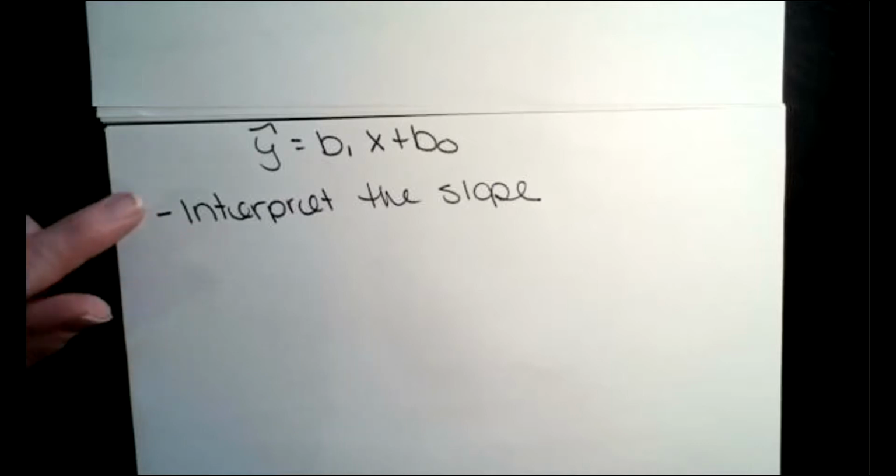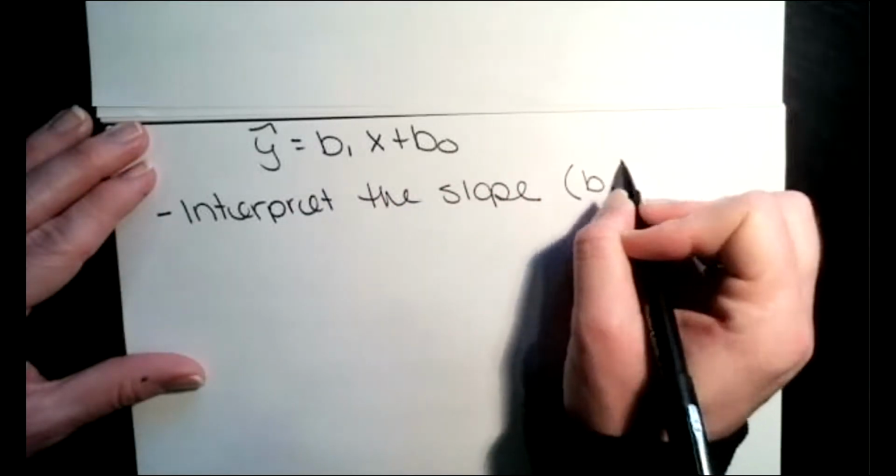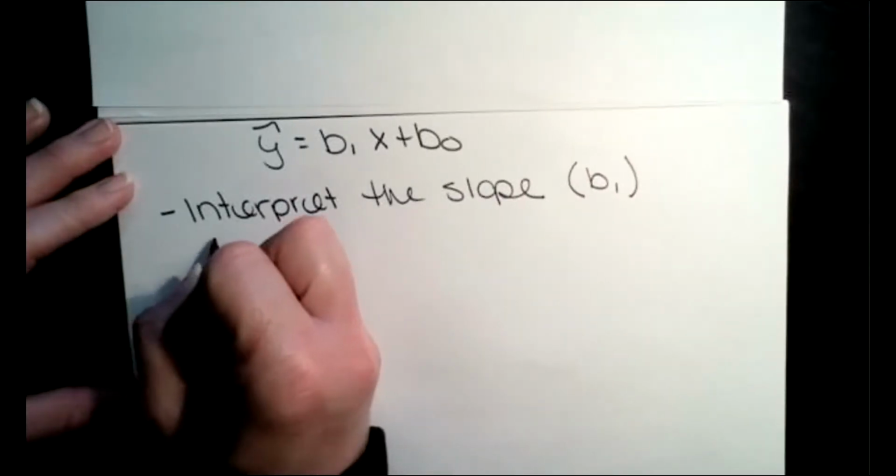What we're interpreting is what this B1 value is.